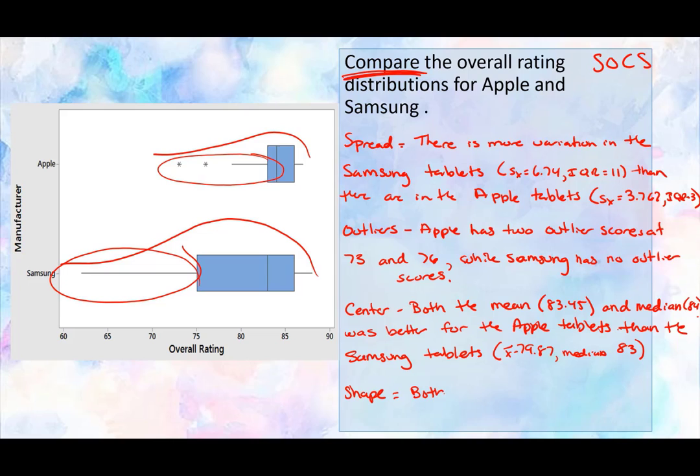So both distributions are skewed to the left. Okay. So this is what I mean when I say compare the overall distributions of two things. You got to go through your SOCS. You got to use comparative words like more, has less, things like that.